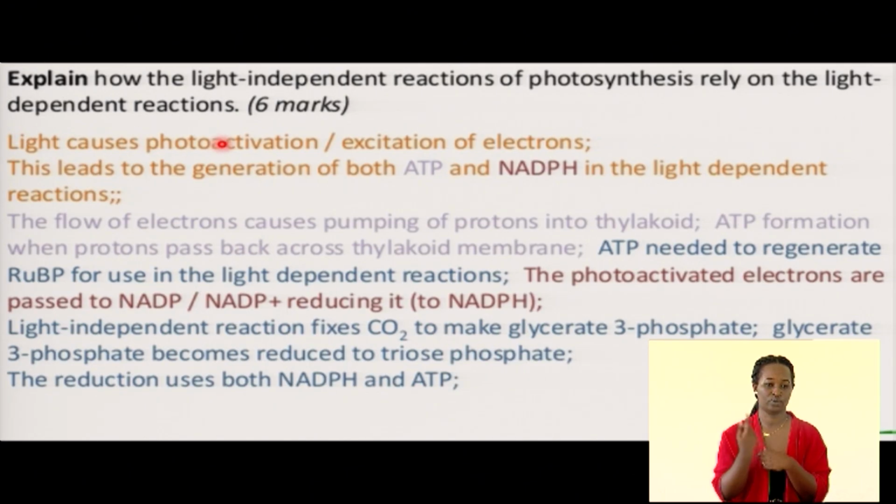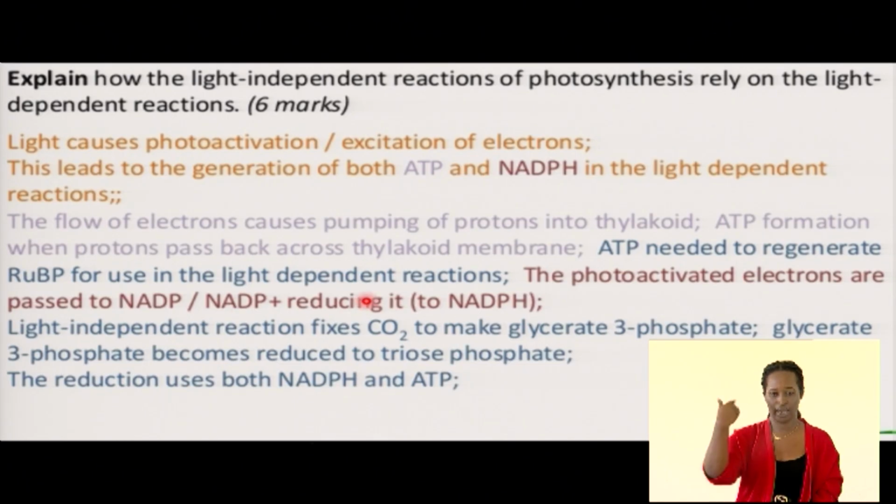We need photoactivation, exciting the electrons, leading to formation of ATP and NADPH. As the electrons move, they are pumped, ATP is produced, photophosphorylation. Phosphorylate is to add phosphate compounds to a compound. We remember that we need so much of this because we need to bring these back every cycle. We need more of them.